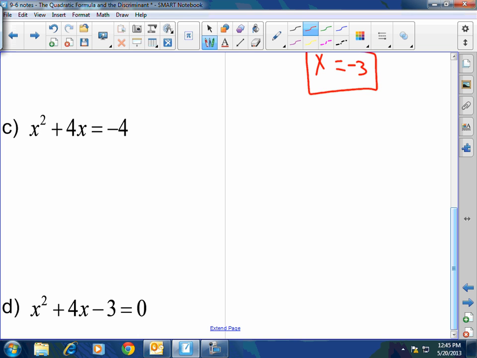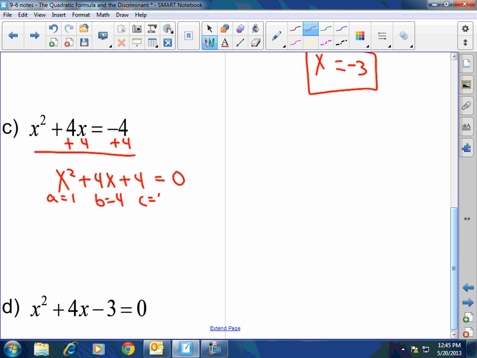Okay, for letter C, again, we've got to turn this into a trinomial first. So I'm going to add 4 to both sides. I've got x squared plus 4x plus 4 equals 0. A is 1, B is 4, and C is 4. So I'm going to go ahead and use my quadratic formula.